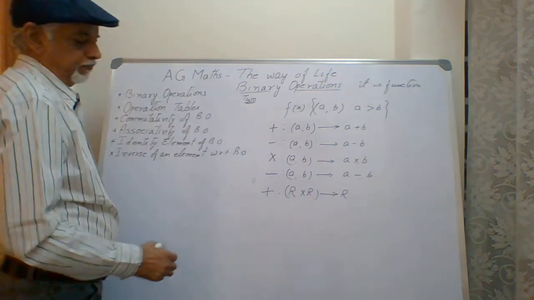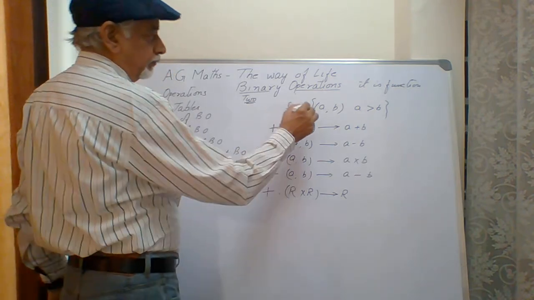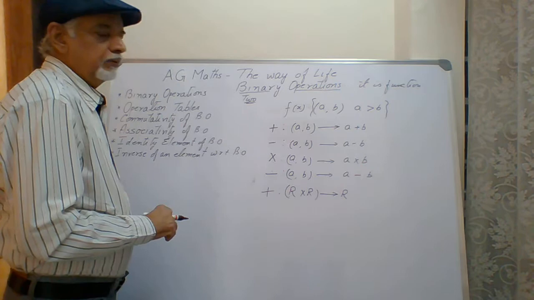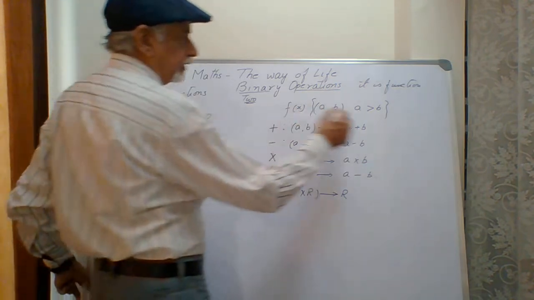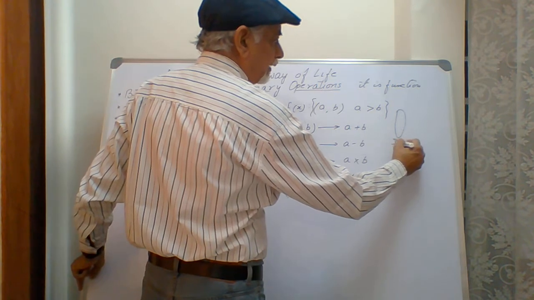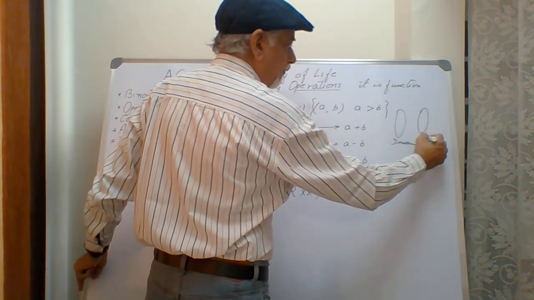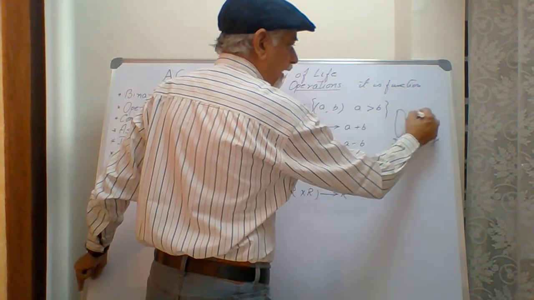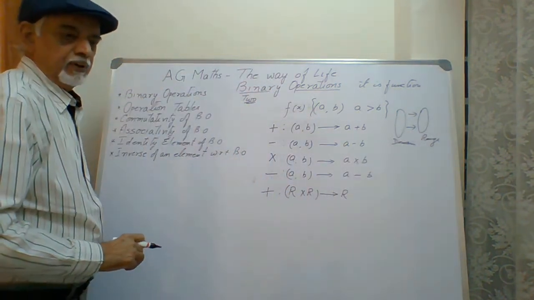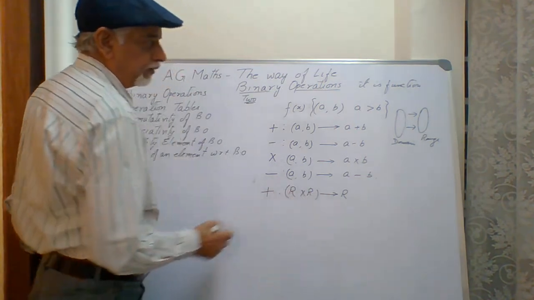Now here in function we knew that one part is called the domain and another part is called the range, right? This was in the function. But that is not happening here in case of a binary operation. In binary operation, we don't have a domain or a range.